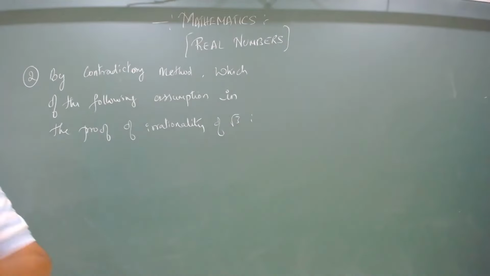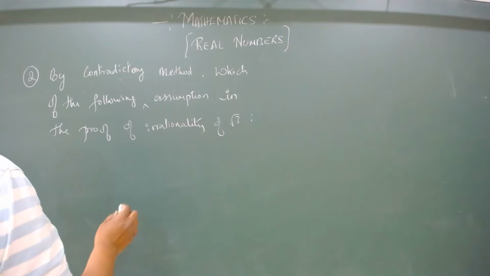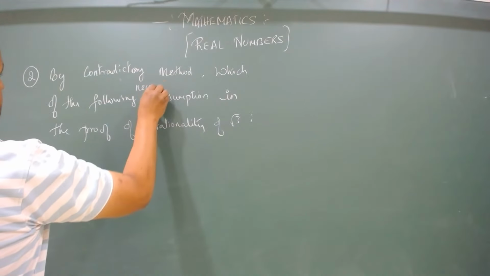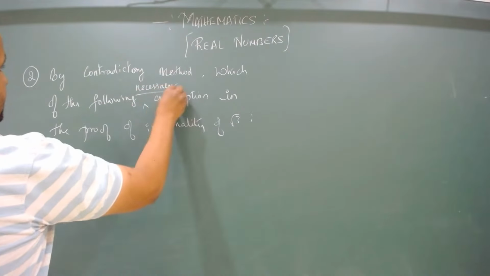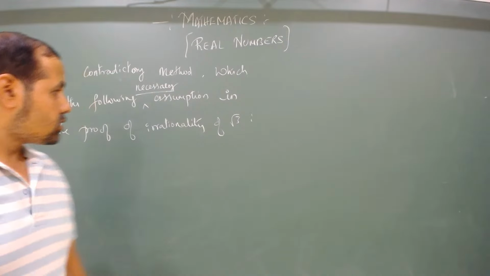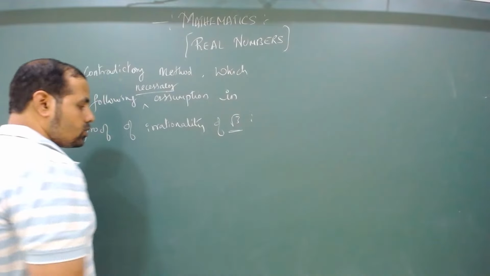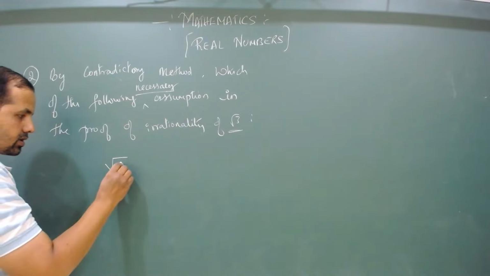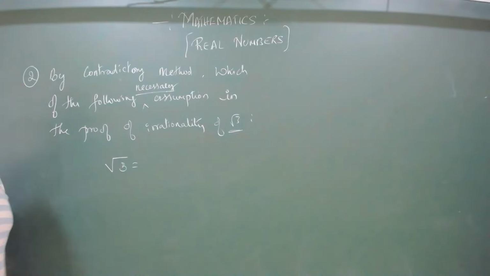So, by contradictory method, which of the following is the necessary assumption? To prove root 3 irrational, what is the necessary assumption?